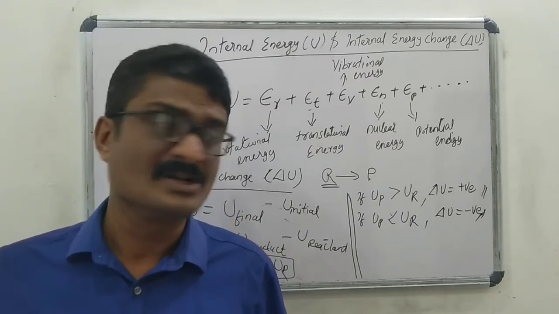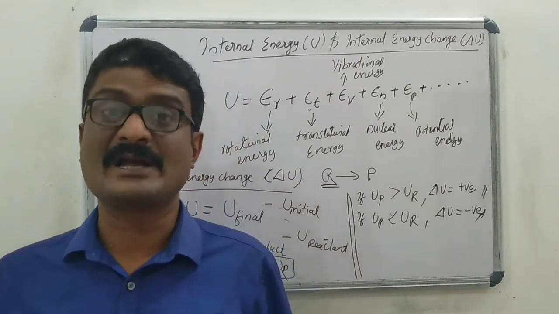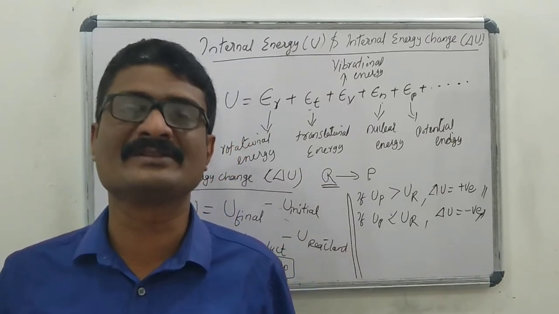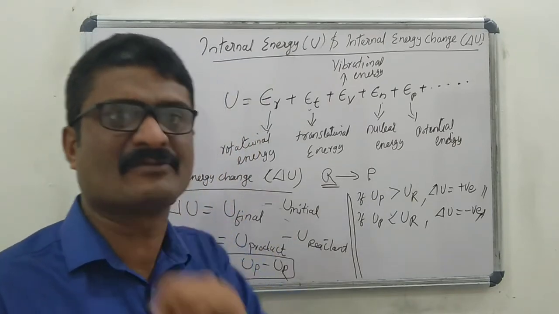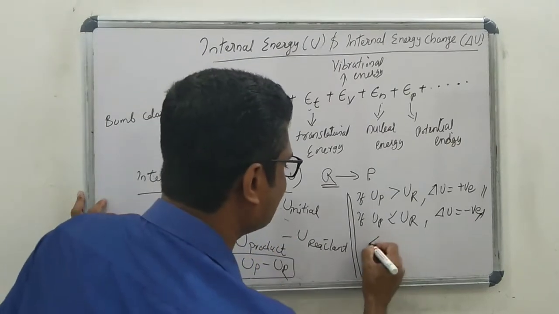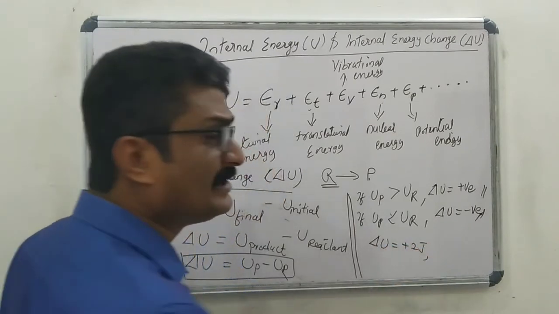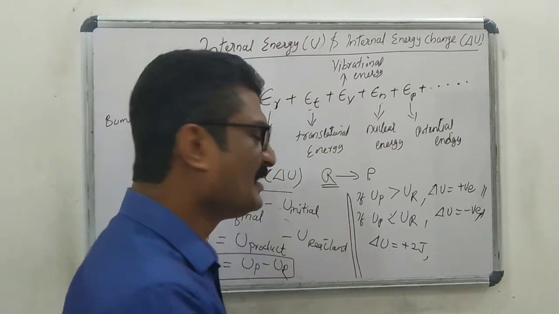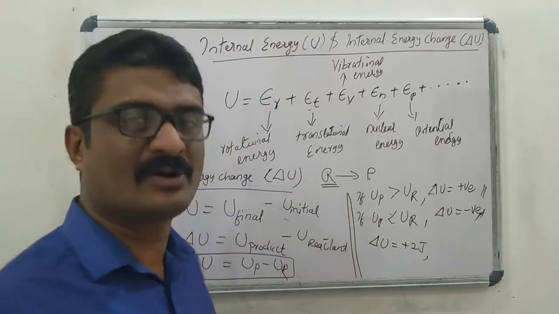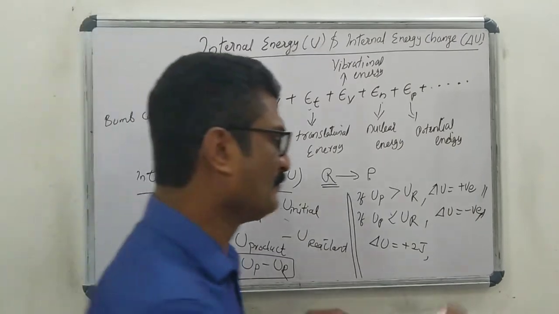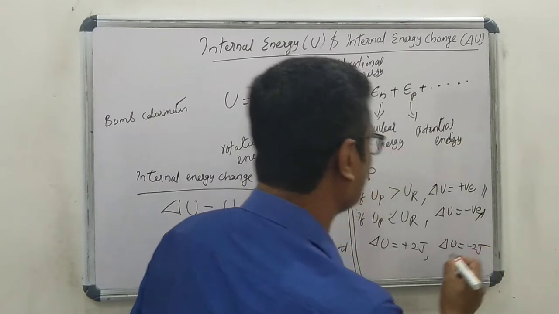Suppose 2 joule of heat is absorbed during the reaction, okay, during that reaction at constant volume, then we can say that delta U equal to plus 2 joule. Then if 2 joule of heat is released during that reaction, okay, at constant volume, then delta U is equal to minus 2 joule.